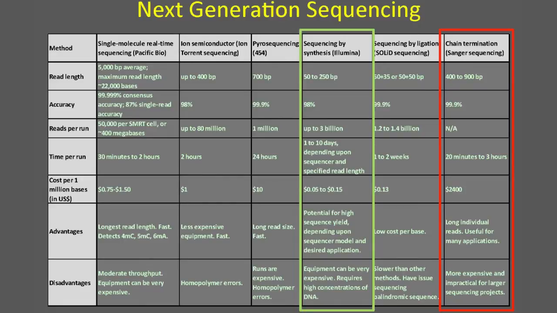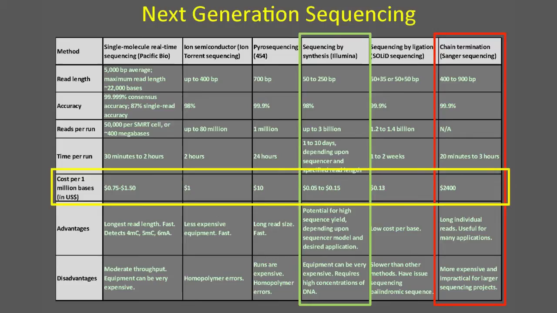So your output is huge if you do a run on a machine like that. Now, maybe you're not interested in 3 billion reads of a single individual, but what you can do is include several individuals or several regions in a single run, and as long as you give them a unique tag and you can recognize them later while you do your bioinformatics, you can get really a lot of information out.